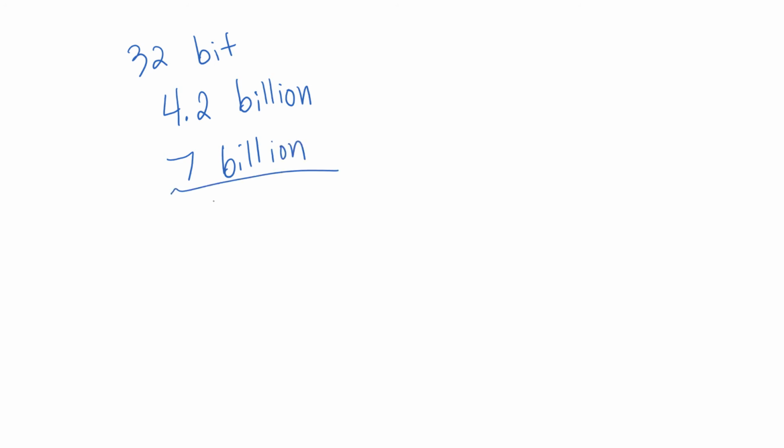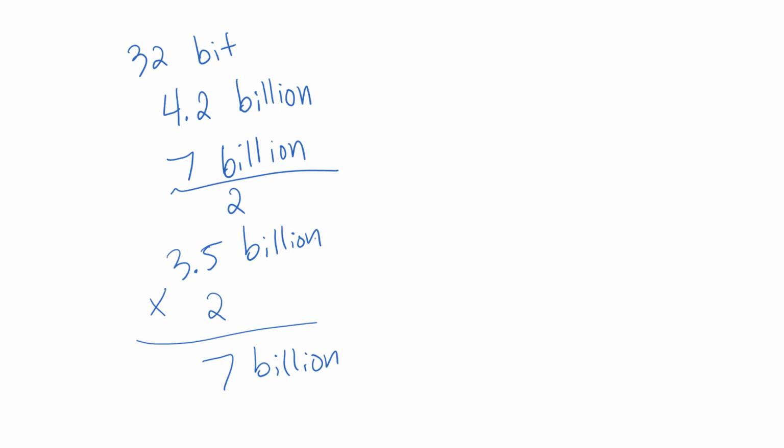And even if we said that only half of them have access to the internet, you're still looking at 3.5 billion devices or people that need IP addresses, and each person has at least 2 devices, right? You have a cell phone and a laptop, or a cell phone, an iPad, and a laptop. So you're back up to 7 billion, but we only have 4.2 available. So how does this work?